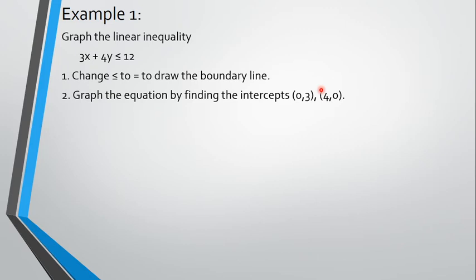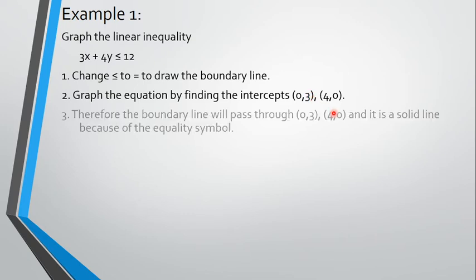So for purposes of really knowing how to solve this one, just try solving it on your own, and let's see if you got 3 as your y-intercept and 4 as your x-intercept.